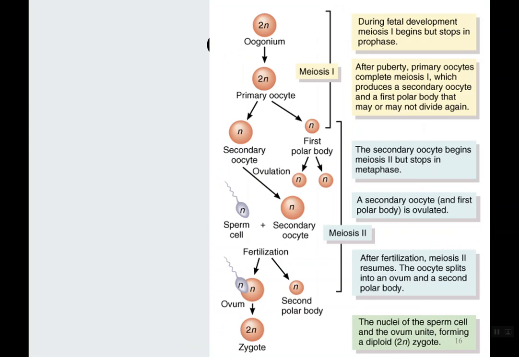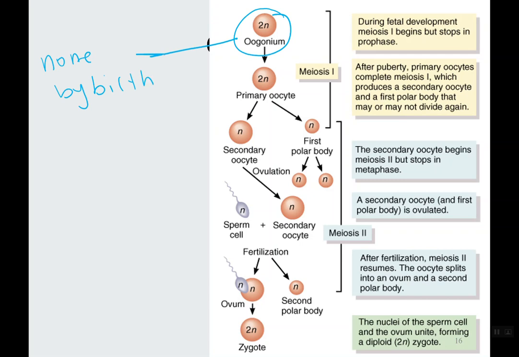In females, during fetal development, meiosis 1 begins, but it arrests in prophase. So we have an oogonium prior to birth, and then by the time of birth, no more oogonia. So you are not having any more of these by the time you're born. So let's write none by birth.